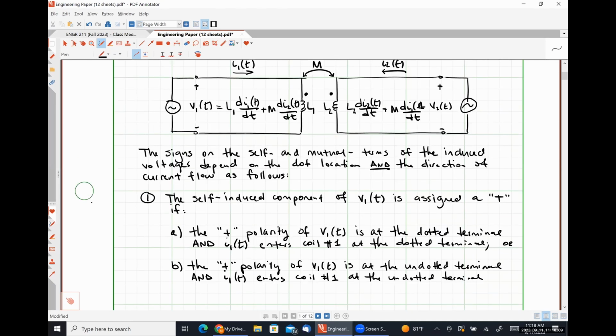So if I had defined the positive polarity terminal on the bottom and I1 entered at the bottom undotted terminal, it would also be positive. If neither of these two conditions are met, the self-term will get a negative sign.